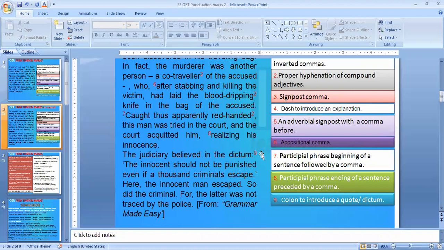This is the concept. To introduce the concept, you use a colon: "The innocent should not be punished even if 1,000 criminals escape." That is the dictum. So if you want to quote a dictum or a quotation or a proverb, use this.